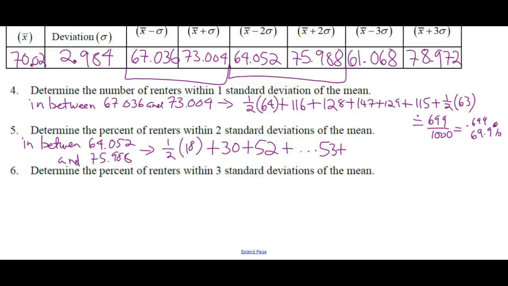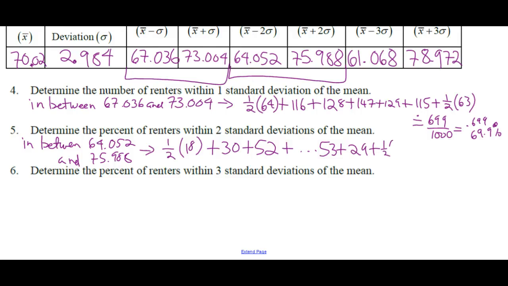That's why we always change marks on tests to percentages. Because we can all identify that about 70 out of 100 people are within that 1 standard deviation, instead of saying 699 out of 1,000. Percent, remember, is just French for out of 100, and it's a number that's pretty easy for us to identify because we've done it a lot.